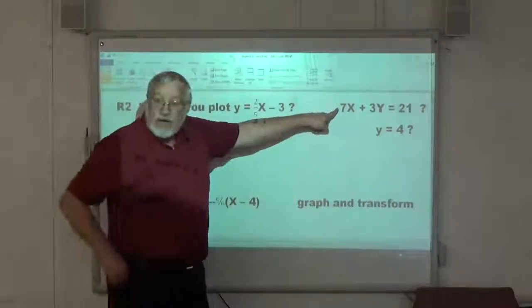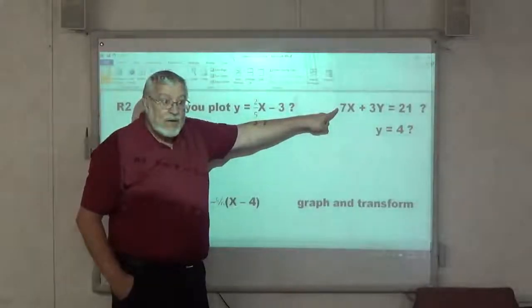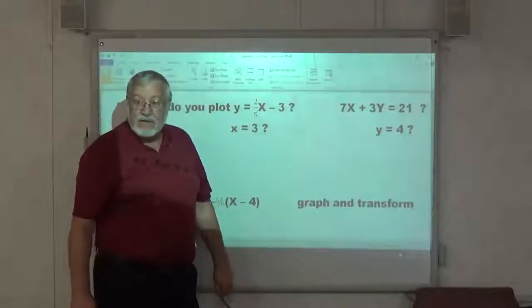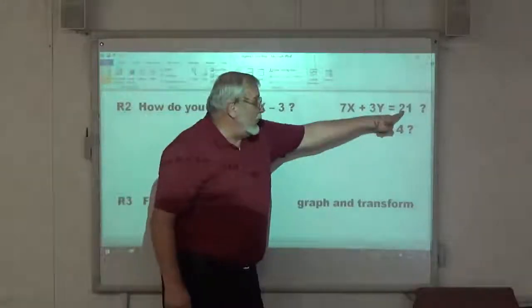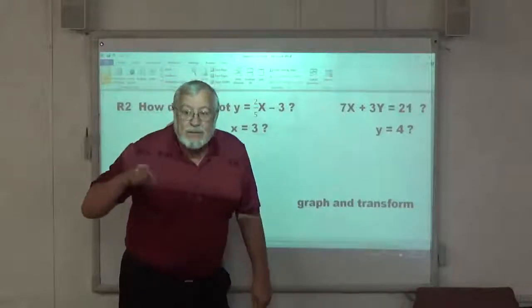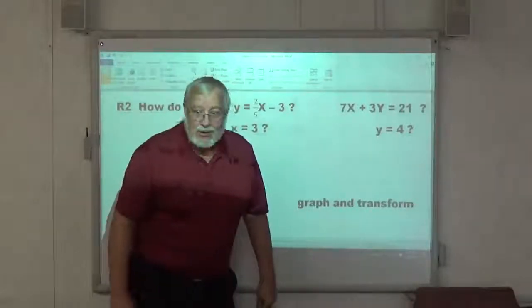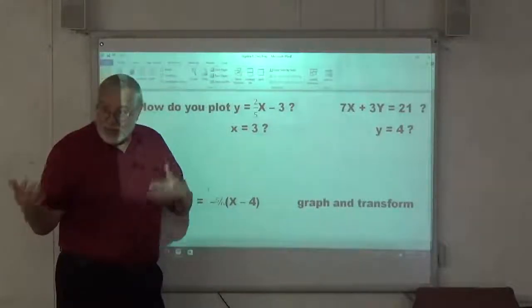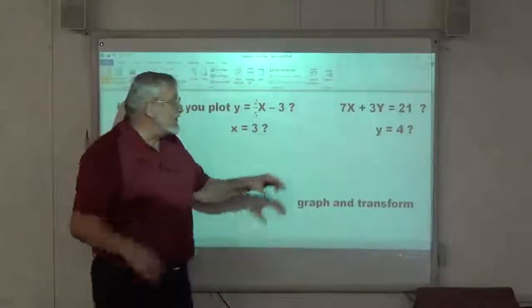Okay, how do I do it if I'm given this one? You have to find the y-intercept. Where's the y-intercept? 21 divided by 3. And most of the time, those are going to be in the same times table, so you get a whole number. If it were a point slope, it wouldn't matter. We covered point slope last week.